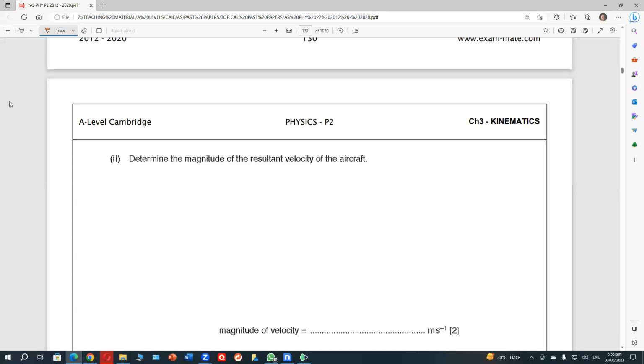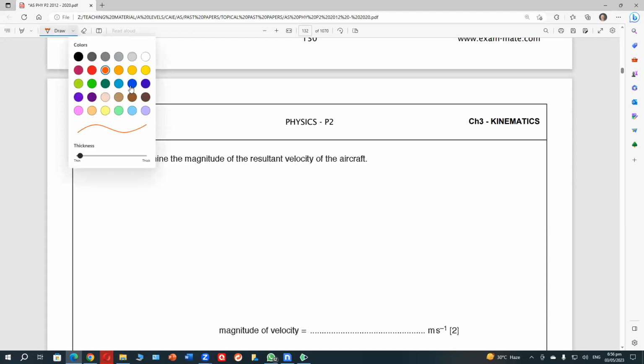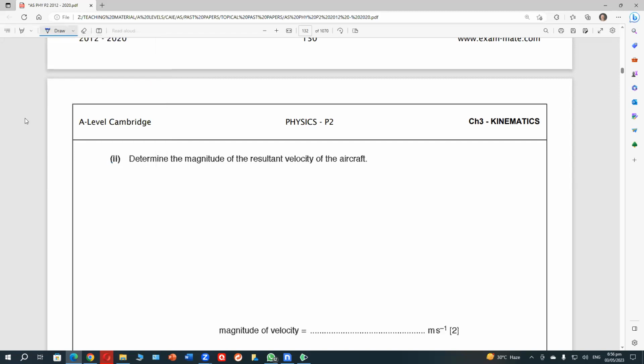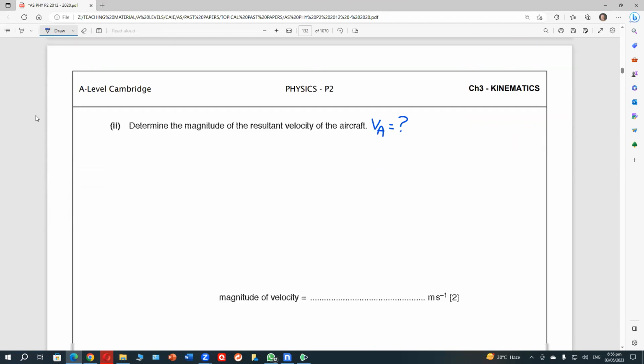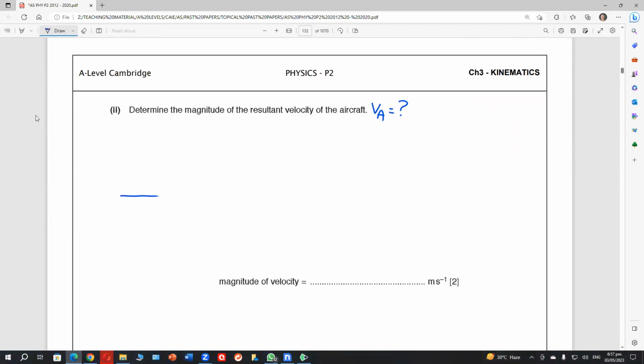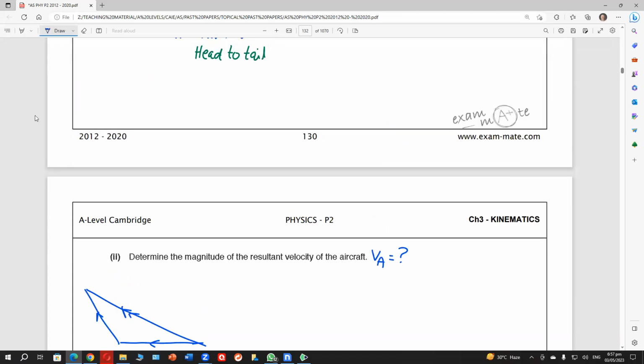Determine the magnitude of the resultant velocity of the aircraft. It is asking for this. Let's look at this diagram again. And we should draw it here. So the hypotenuse theorem? No, the hypotenuse cannot be used here. You know why? Because it is not a right angle triangle. You should say trigonometry.